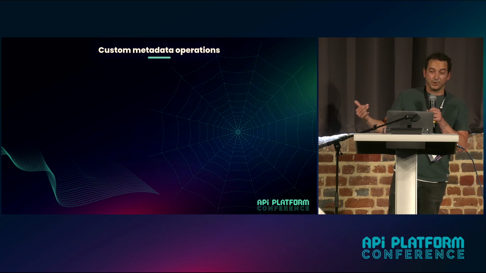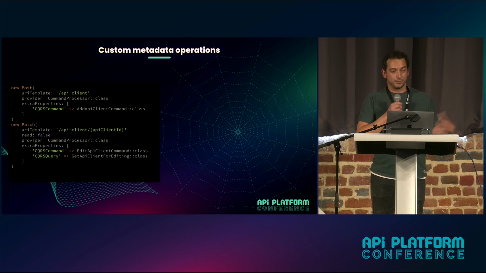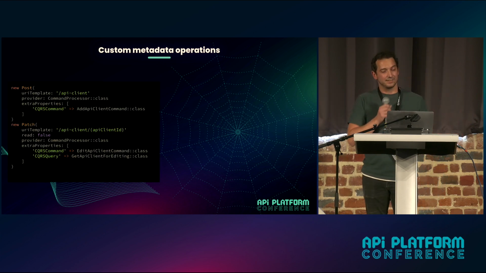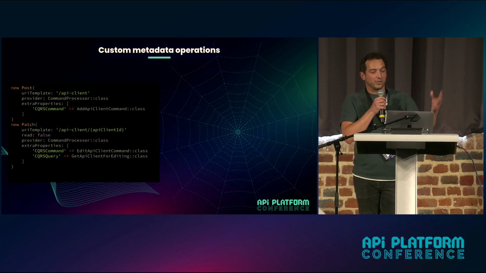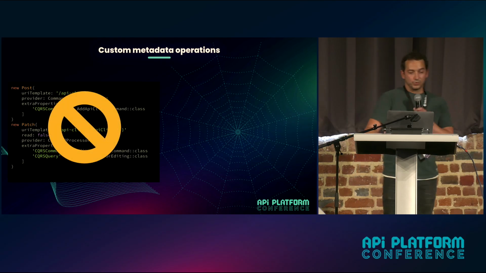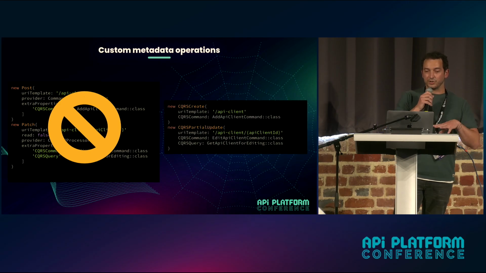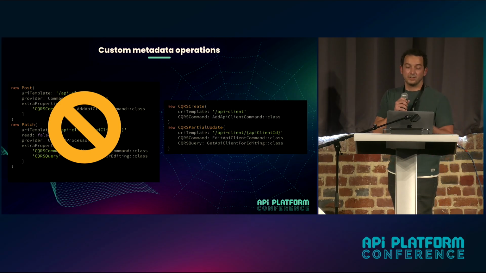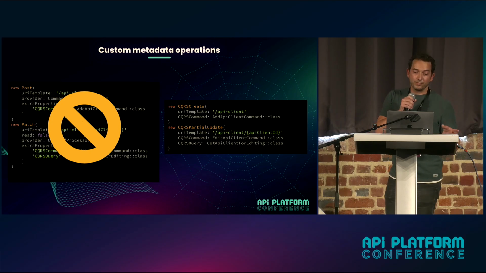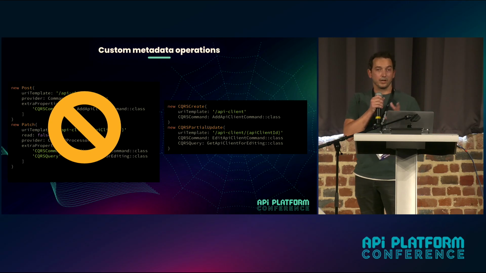It's our basic POC. But we didn't want to stop there. We wanted to make the DX easier. So all those extra properties that are a bit ugly, we did not put them to be used this way. Instead, we created some custom metadata operations that actually extend the HTTP operation. They are all prefixed with CQRS so that the contributor clearly understands that they are using our custom CQRS implementation.